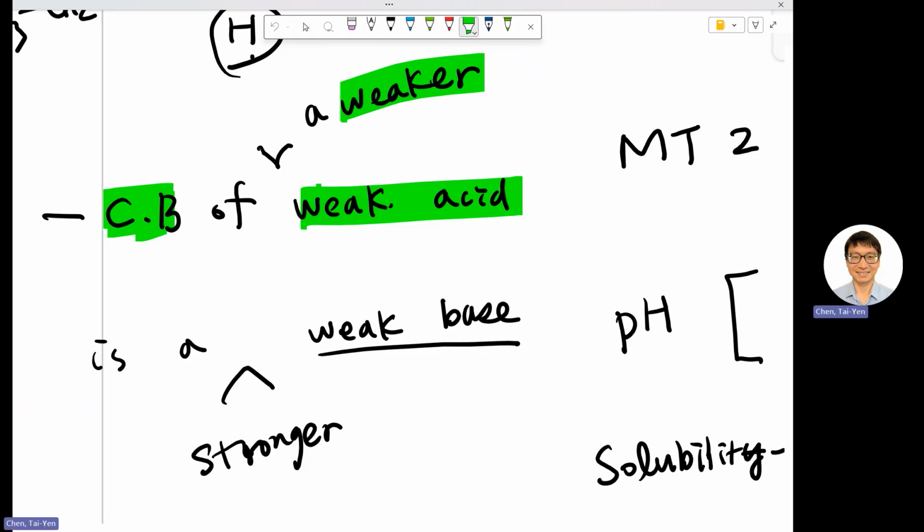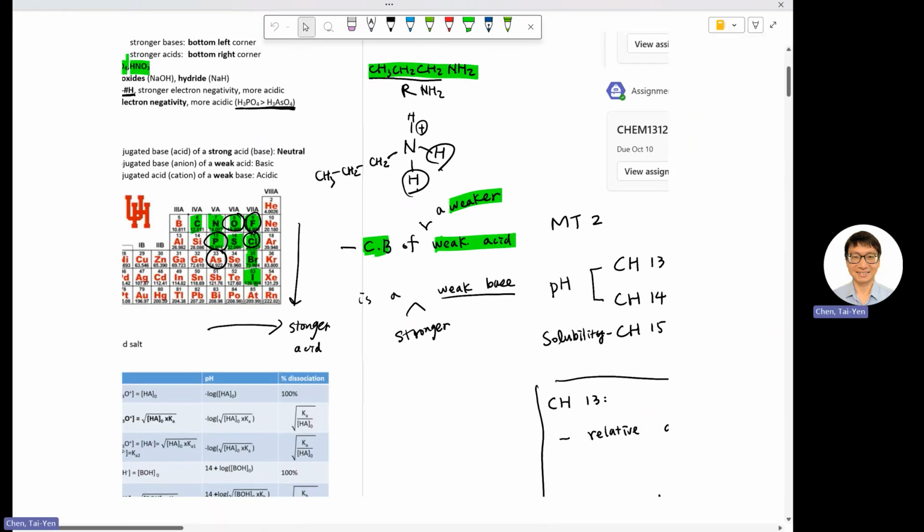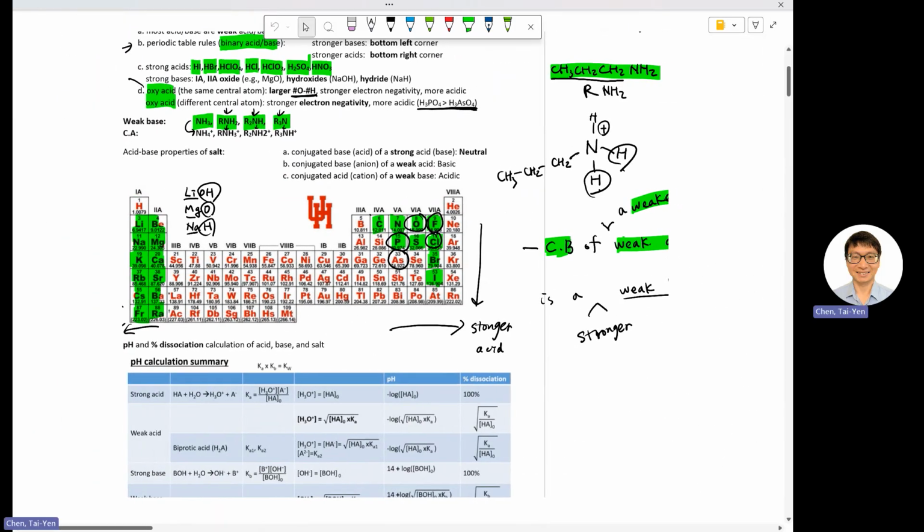Strong bases are the 1A and 2A group oxides, hydroxides, and hydrides. Make sure you understand these things 100%, because if you understand them, it becomes very simple. Those are the rules that you need to know.